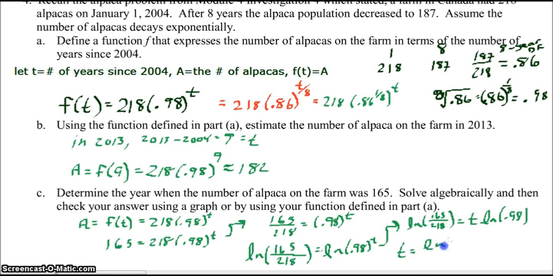T equals the natural log of 165 over 218 divided by natural log of 0.98.